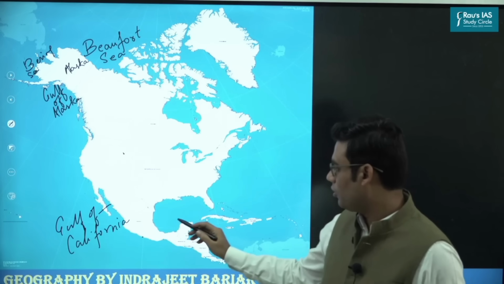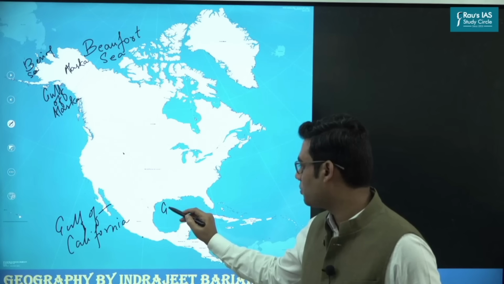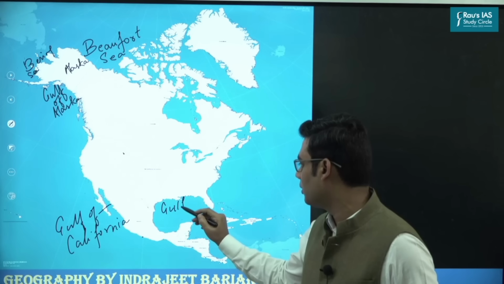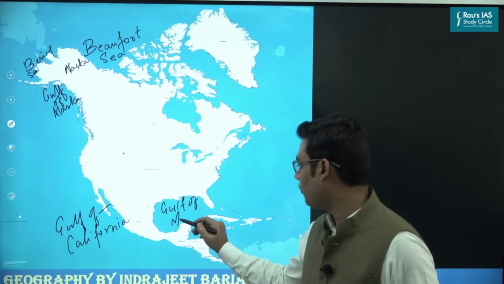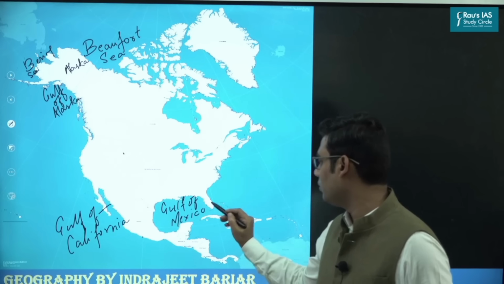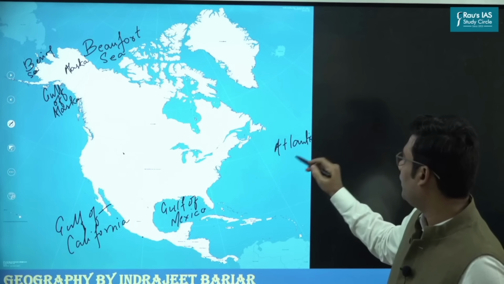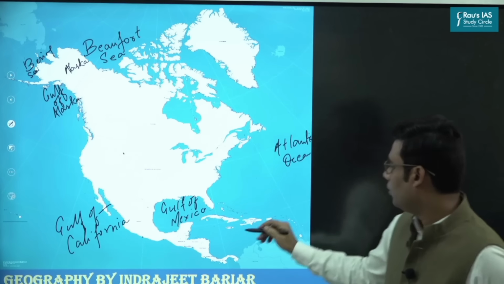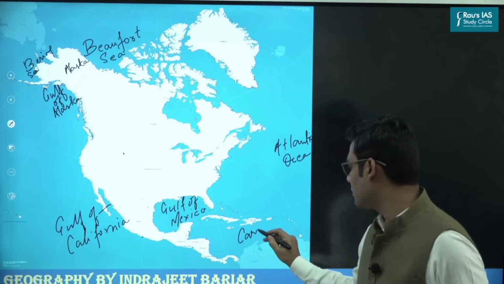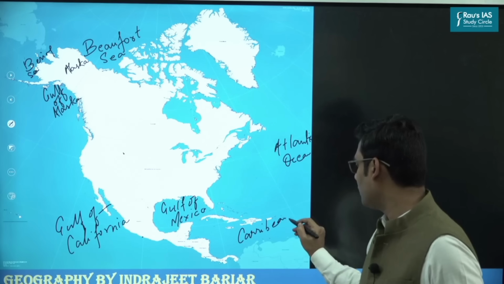Moving further towards the east, this part is the Gulf of Mexico. This over here is the Atlantic Ocean. Over here, this becomes the Caribbean Sea.